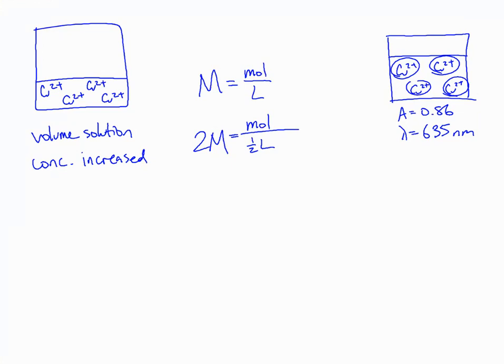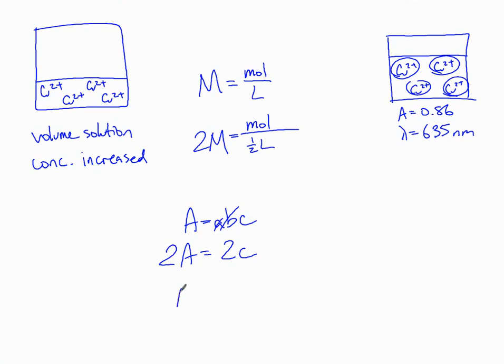If we put this in a colorimeter and on the assumption that it worked without any hiccups, what would the absorbance be? So the absorbance of this solution is 0.86. The concentration of this one is twice as much. So remember A and B are constants, here's C. So what is the absorbance when we double the concentration?